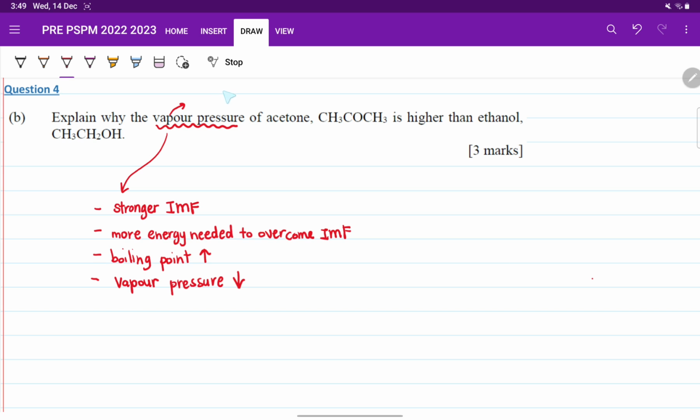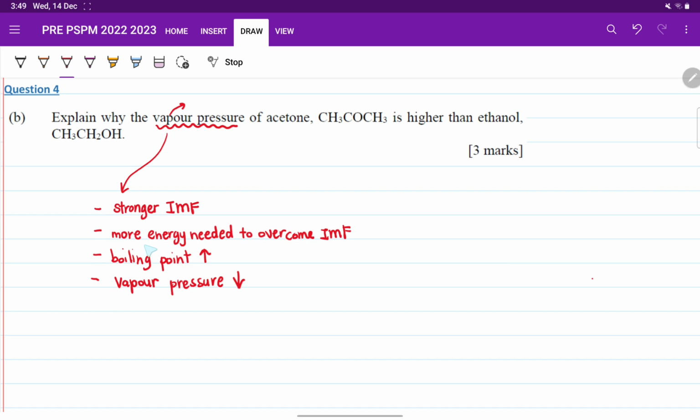Okay, yang mana if we have a molecule with stronger intermolecular forces between its molecule, so apa yang akan berlaku adalah, since kita nak cerita dekat sini adalah tentang vapor pressure kita akan kaitkan dengan boiling point.